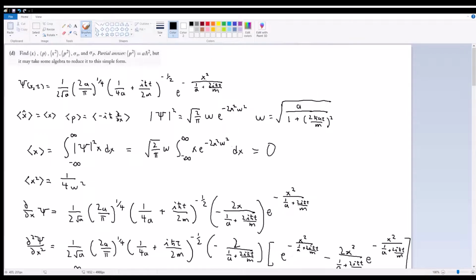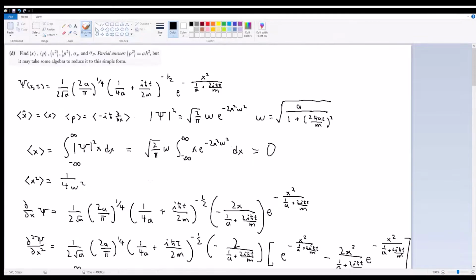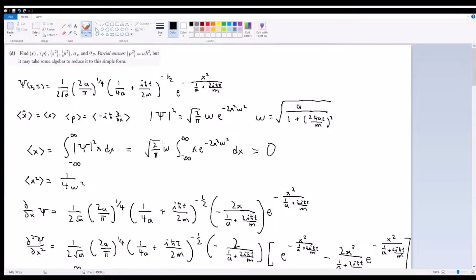And then we have these imaginaries. So this is going to be 1 over the square root of 1 over 4a plus i h bar t over 2m. And then we're multiplying this by 1 over the square root of 1 over 4a minus i h bar t over 2m. And then we have the exponentials.